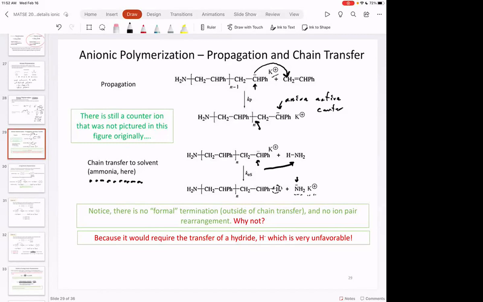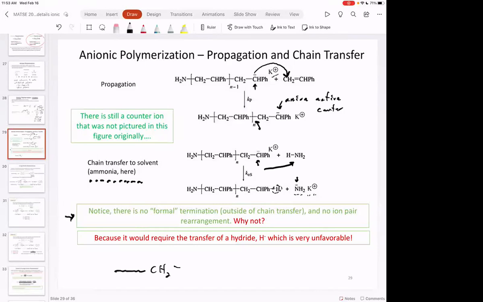Okay. The one interesting thing about anionic polymerization, and this is why it's used more often than cationic polymerization, is that there's no formal termination. So we don't have a termination reaction that we can easily write when we have our growing chain end.